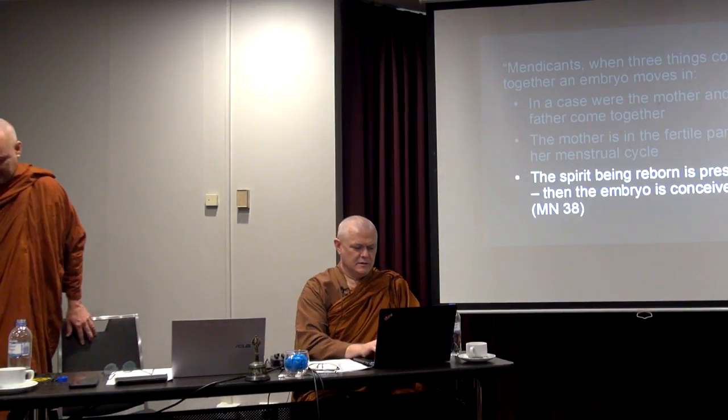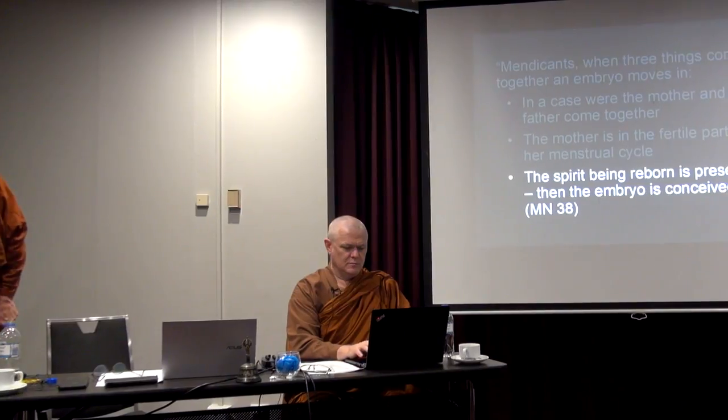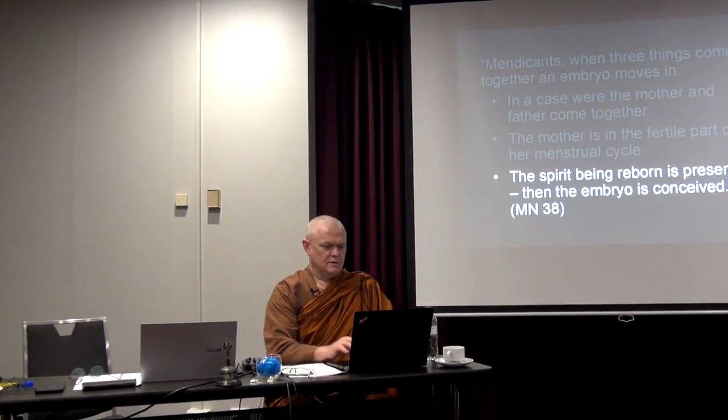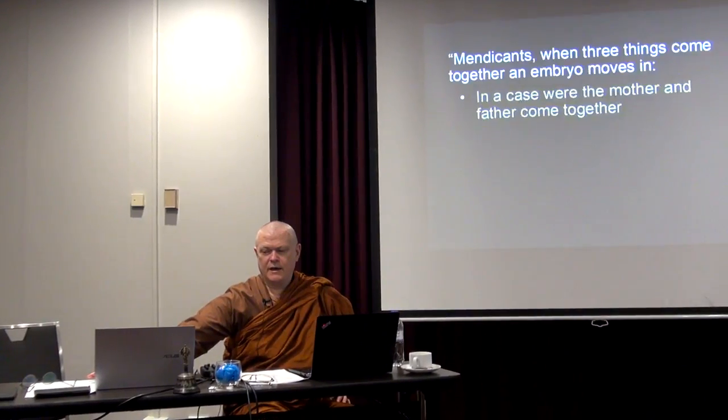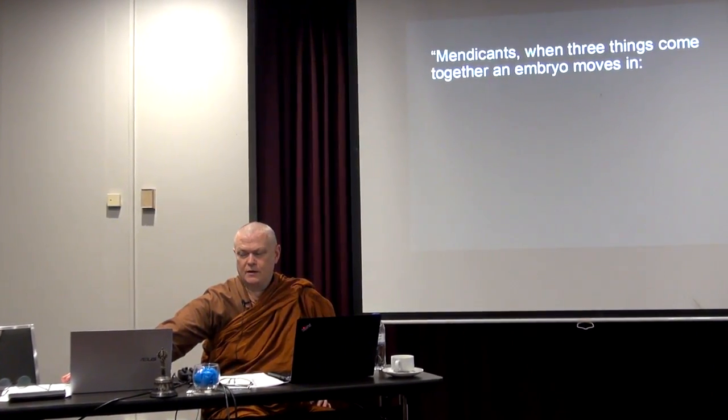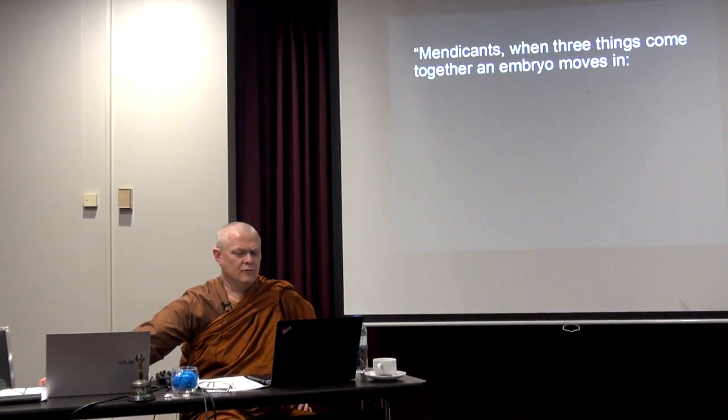Sorry, I'm just trying to find this particular passage in my translation. There we go. All right, so this particular passage here is talking about an idea of conception. Now, one of the things which is interesting about this passage is that it's found in two places in the suttas.